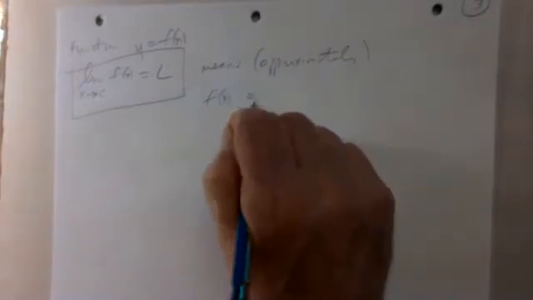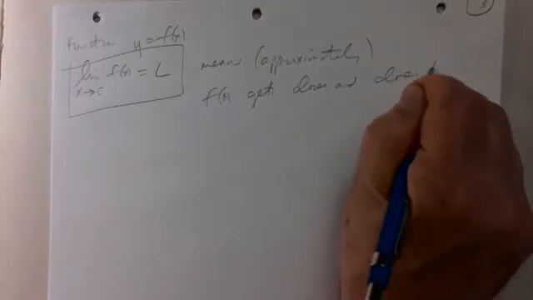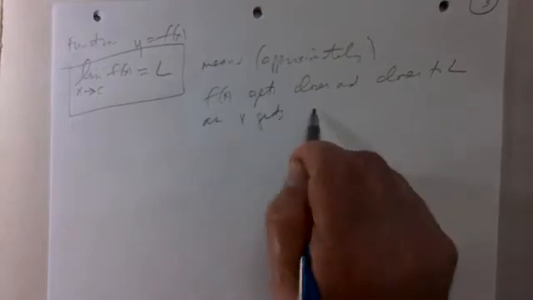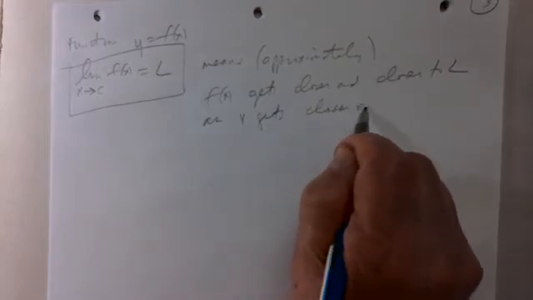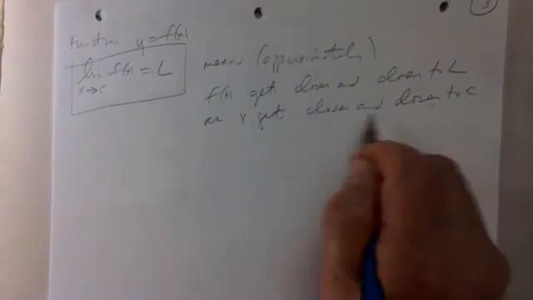f of x gets closer and closer to L as x gets closer and closer to the number c. Okay? And we don't let x ever equal c.